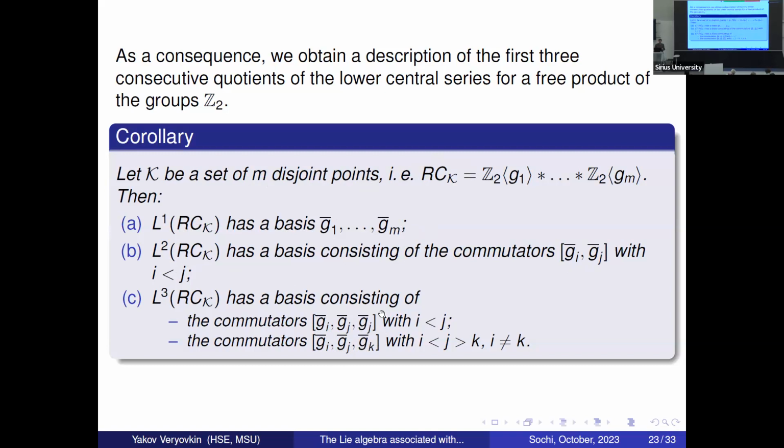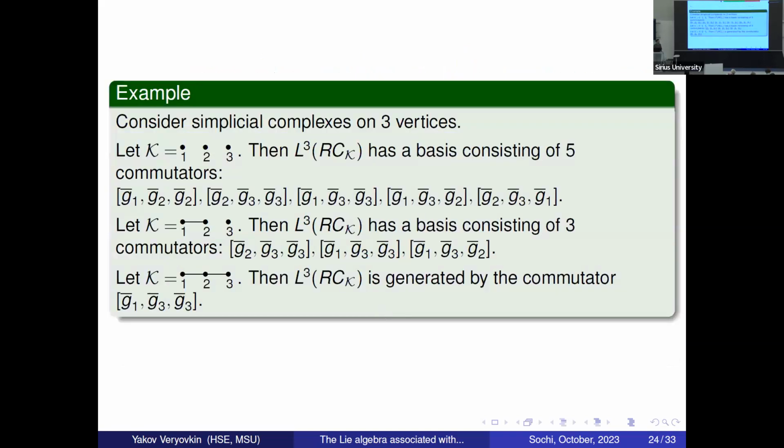Okay, and the last example for today. Let K be disjoint points, then L^3(RC_K) has a basis consisting of 5 commutators like this. If we have one edge in this K, then L^3 has a basis consisting of 3 commutators like this.